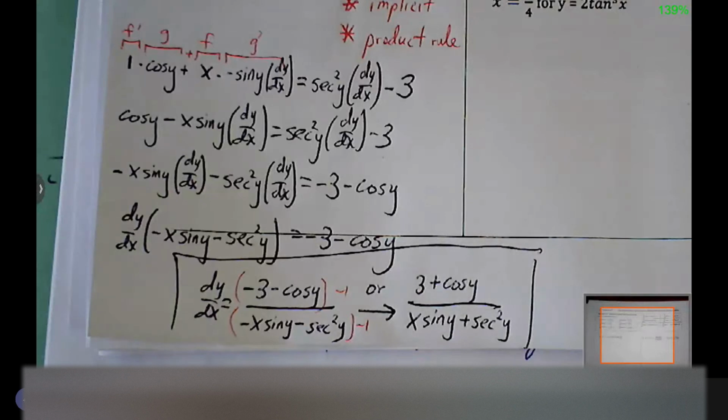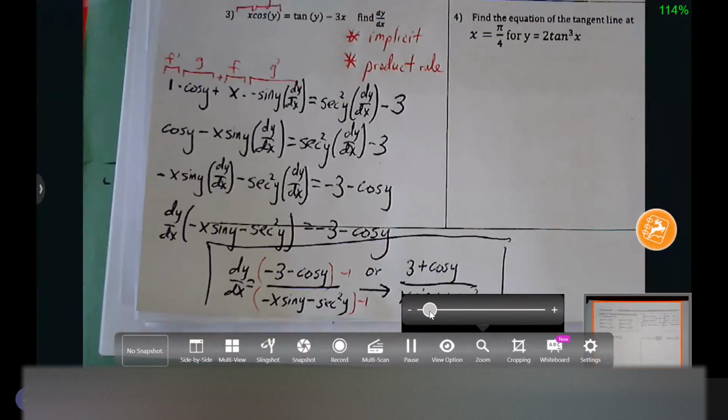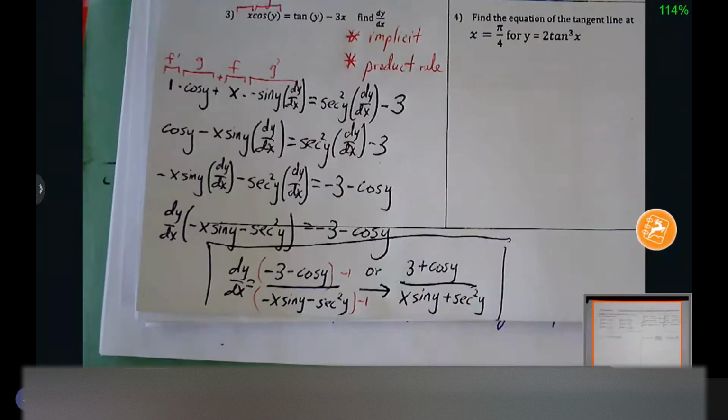Okay, while you guys are finishing up on that, if you guys can take a look at number 4. No questions with 3? Okay. All right, take a look at 4. I'll talk about that in a second.